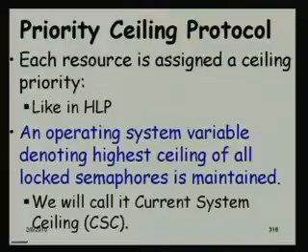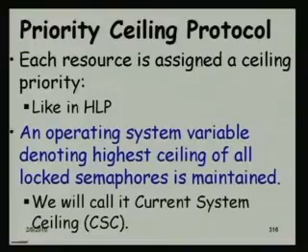The ceiling of the semaphore is associated with a resource, and instead of saying that, we just used ceiling as associated with a semaphore. It is the highest of all ceiling priorities of various locked resources. That is the terminology we are using so far. Possibly because we just used locked semaphore, that is causing the confusion, but these are terms that are used interchangeably. Okay, let us proceed.